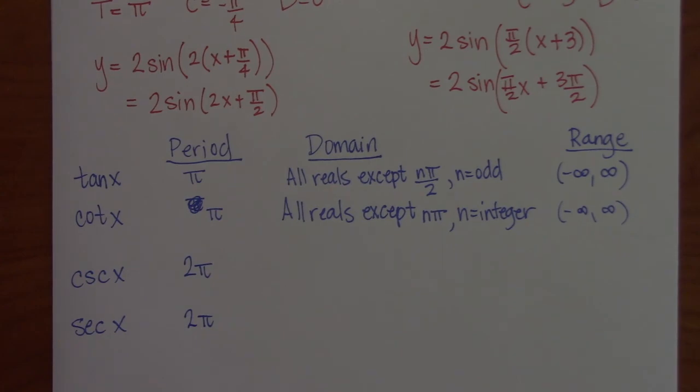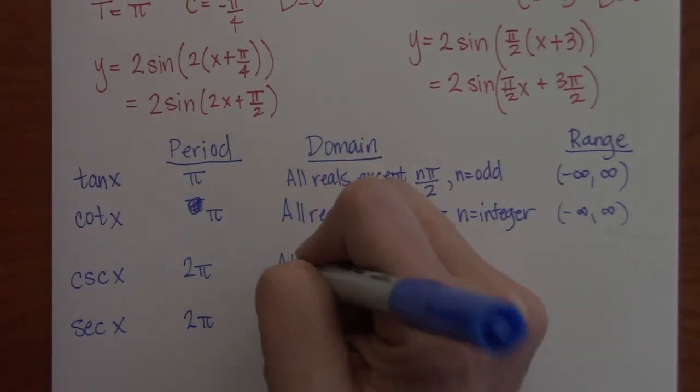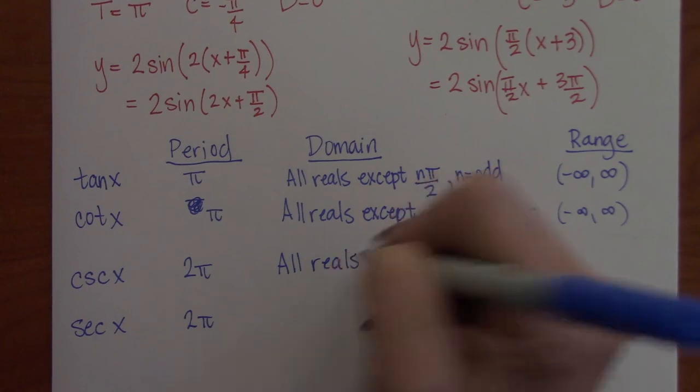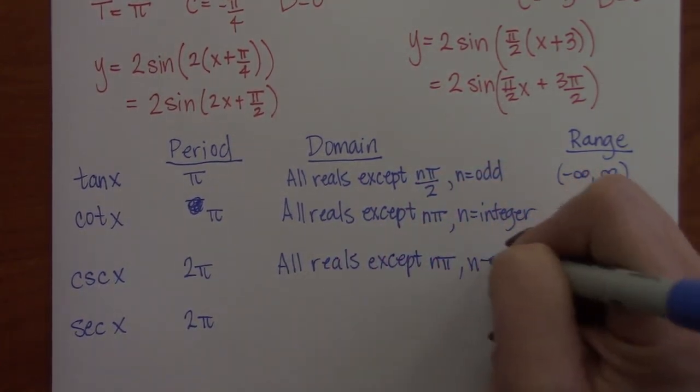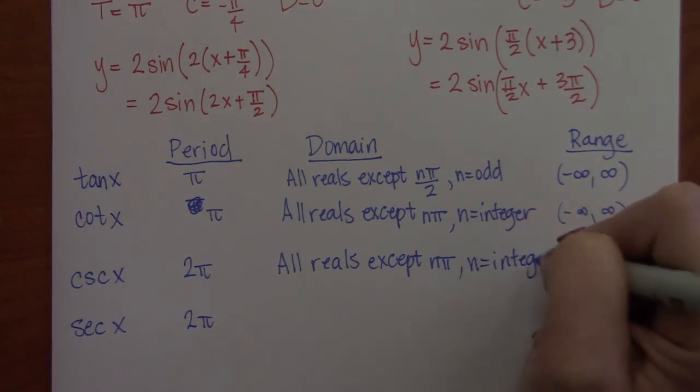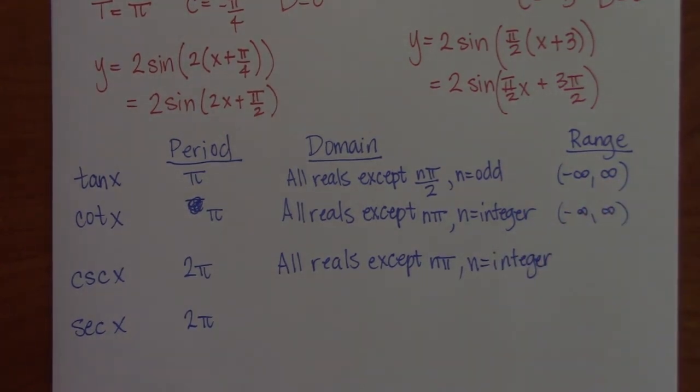So the way these graphs work, you're going to have a bunch of vertical asymptotes, because if cosecant is 1 over sine, anywhere sine is 0 is going to give you a problem. So the domain of cosecant is actually the same as cotangent, because it's sine in the denominator creating your issues. So we actually know without even looking at the graph that it's all real numbers except n pi, where n is an integer, because that's rule number 1 for domains, no zeros in the denominator.